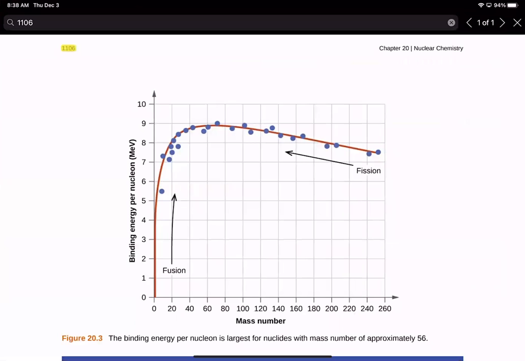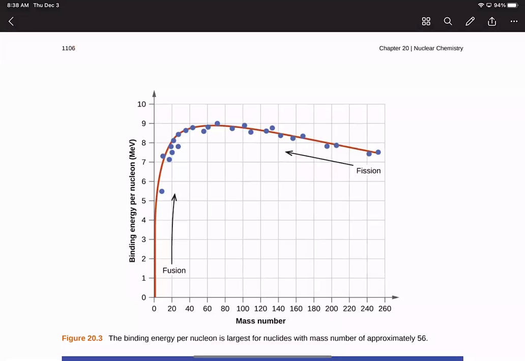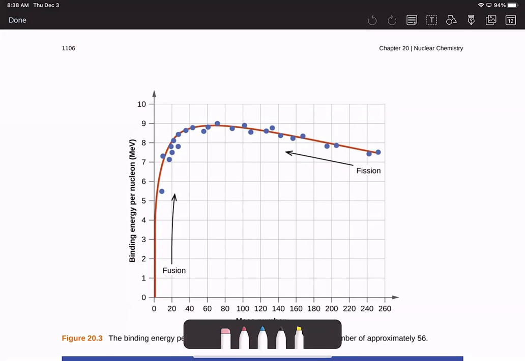So if we look at this here, we have binding energy per nucleon over the mass number, and we see where it starts to stabilize. If we take a look right halfway between the 40 and 60 mark, and I'll end up erasing it here, but right around here is where we start to get this peak.